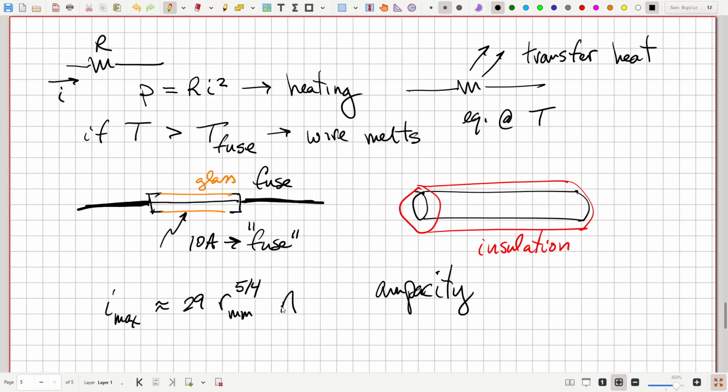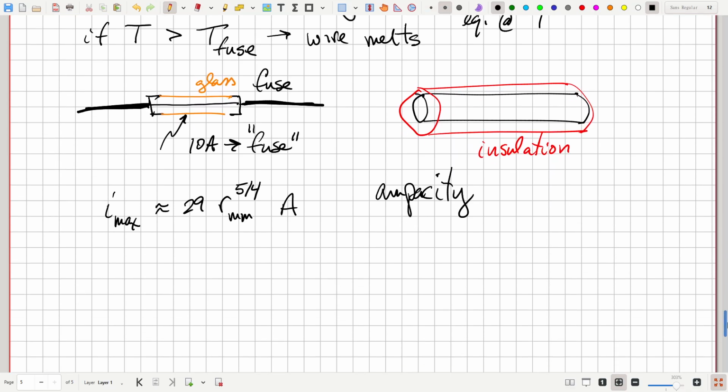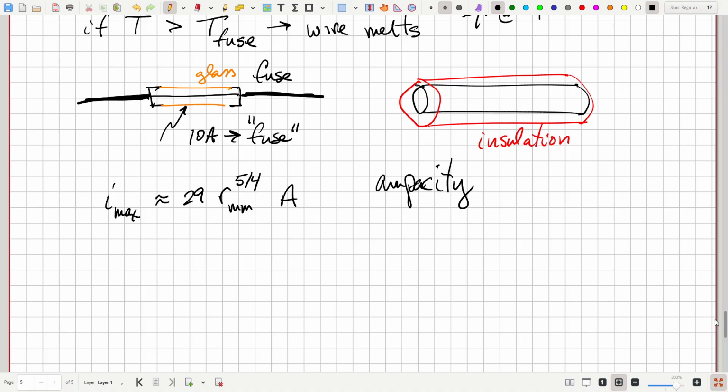And that would give you the amperage, the ampacity of the wire. And in the United States, that's formally defined in the National Electrical Code, but this formula gets you a pretty good estimate of that.